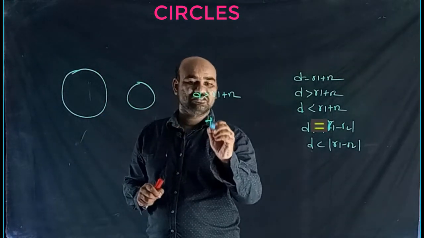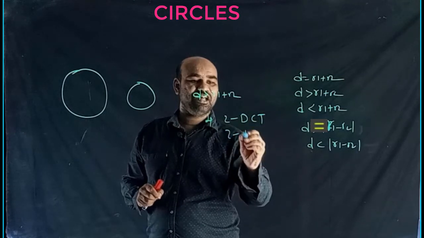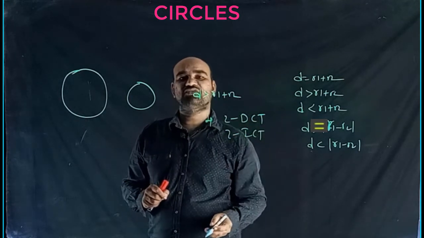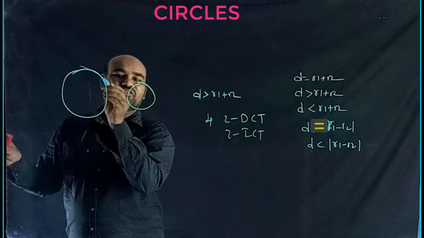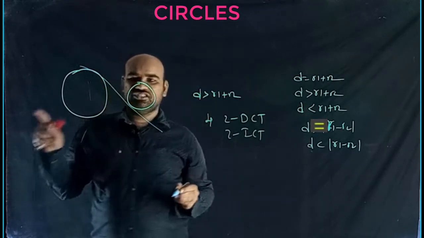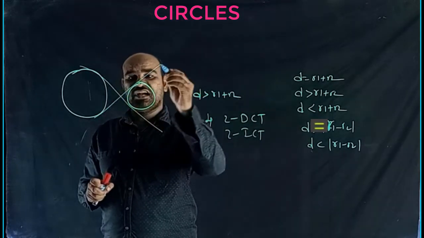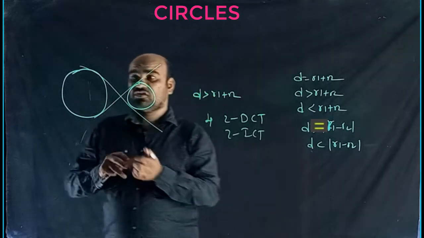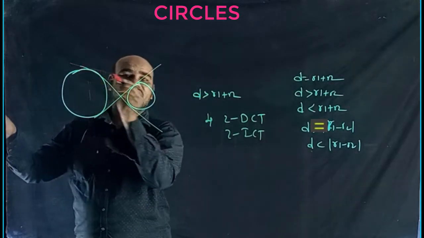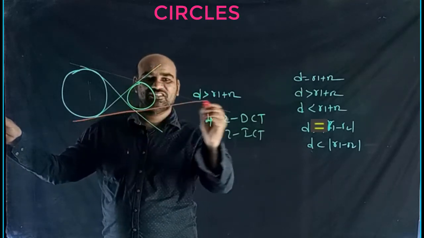Among the four, two are direct common tangents and two are indirect common tangents, sometimes called transversal common tangents. This is one of the indirect common tangents, this is another indirect common tangent. This is one of the direct common tangents, this is another direct common tangent.